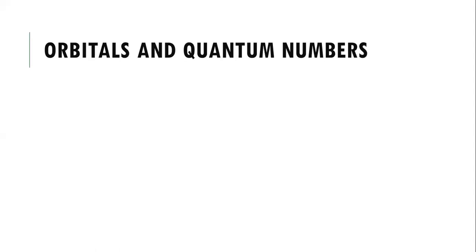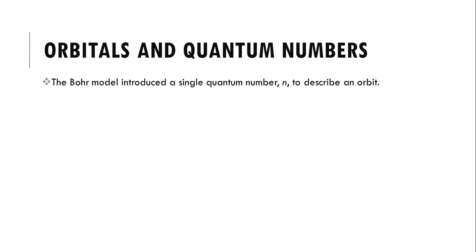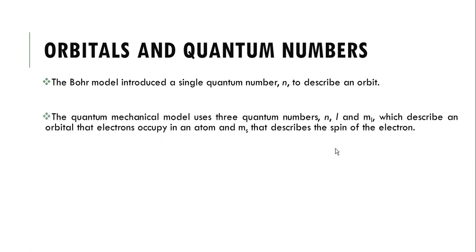The orbitals and the quantum numbers, which are very important, and you should have the electronic configuration along with this. First, the Bohr model introduced a single quantum number, n, to describe an orbit. According to this, the quantum mechanical model uses three quantum numbers: n, l, and ml, which describe an orbital, how the electron occupies an atom, and ms describes the spin of the electron. You should be very careful about that.